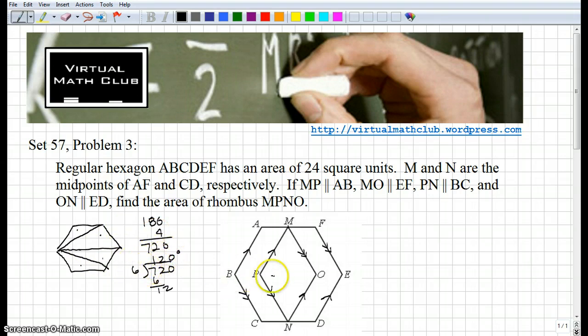Okay, so if I draw a line through here, dividing this into 2 halves because it's symmetrical on each side, you can see that angle B had to be 120 degrees, and so if we divide it in half and everything's symmetrical, then this is 60 degrees and this is 60 degrees.